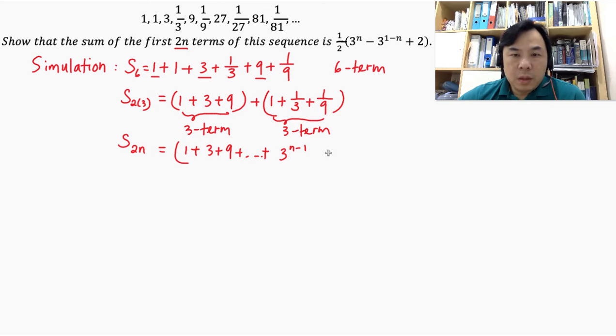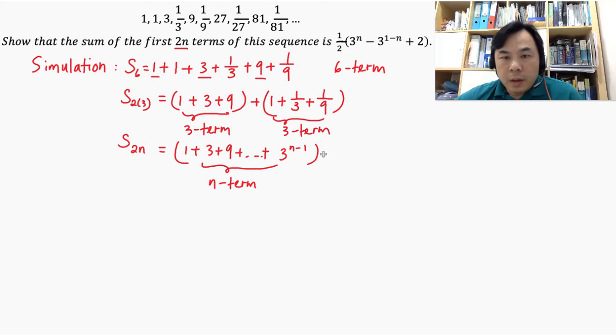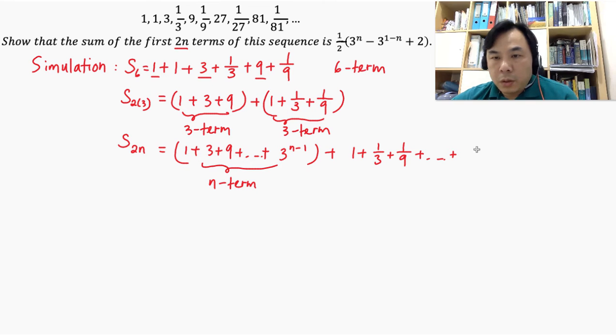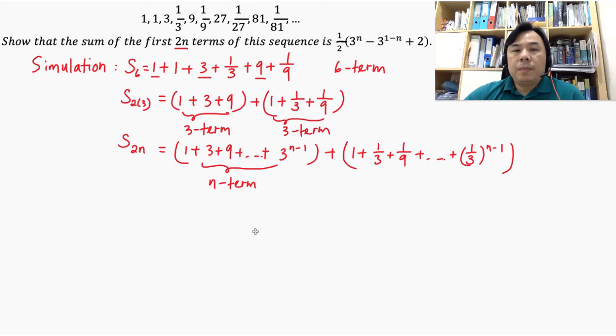This first part consists of n terms. Then I need another section consisting of another geometric series with all these terms, written in proper form like this. We also have n terms here.